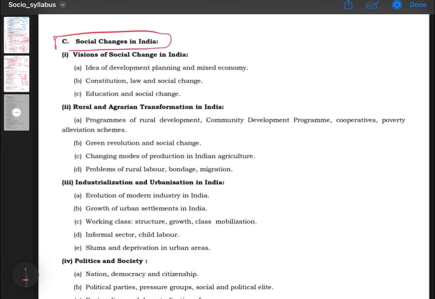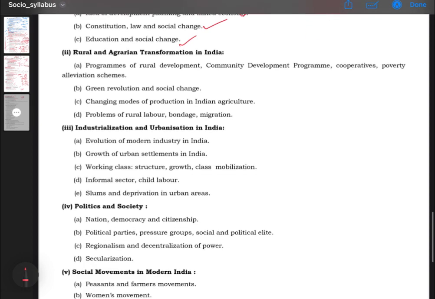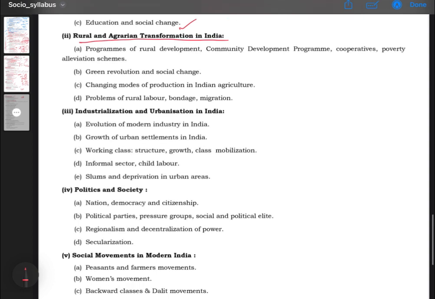Next is social change in India. First is visions of social change, idea of development planning, mixed economy, constitution, law and social change, education and social change. It is similar to unit 10 of paper 1. Rural and agrarian transformation in India: programs of rural development, community development program, cooperatives, poverty alleviation schemes.